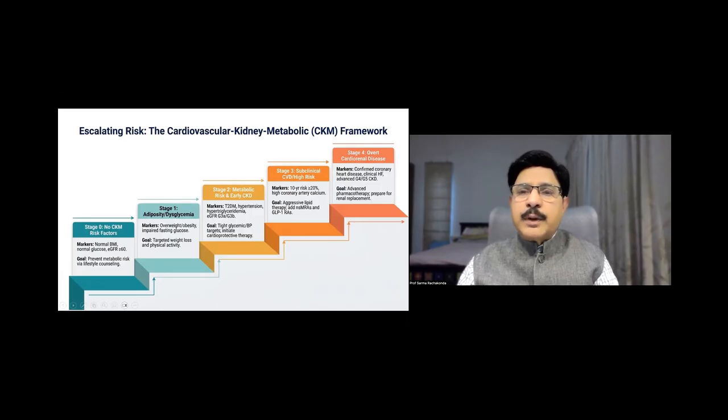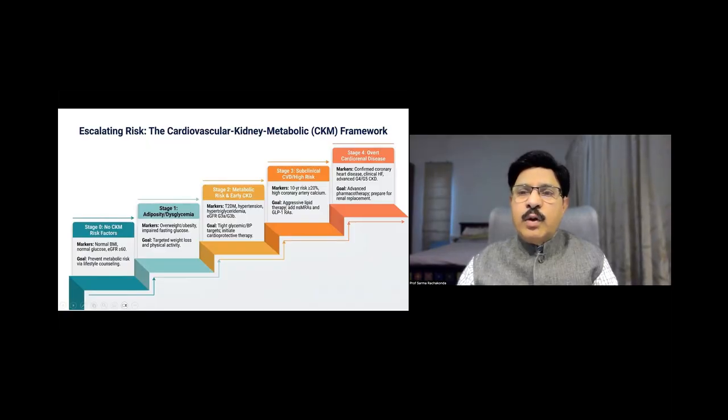Stage 3, subclinical CVD, high risk. 10-year risk more than 20%, high coronary artery calcium when you do calcium scoring, and aggressive lipid therapy. Add NSMRAs and GLP-1 RAs. What are these? We will see in the treatment.